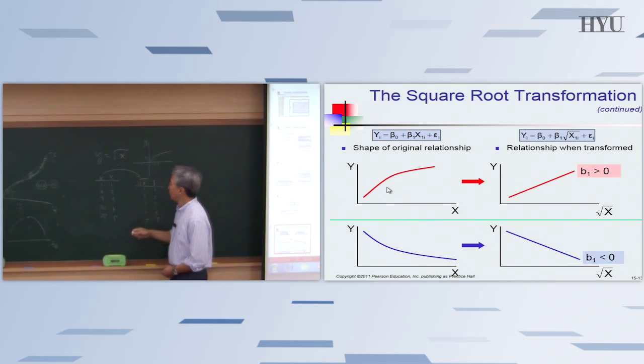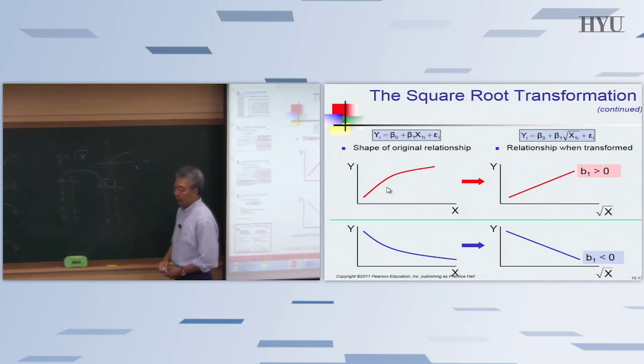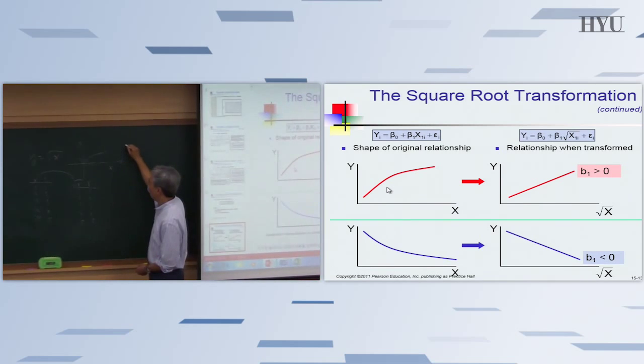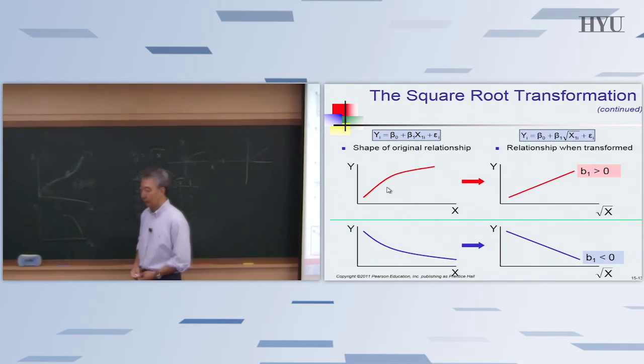So if you transform the variable, then the relationship between this independent variable and y, the dependent variable, will be a straight line. So you're converting this kind of curve to a straight linear relationship, okay?